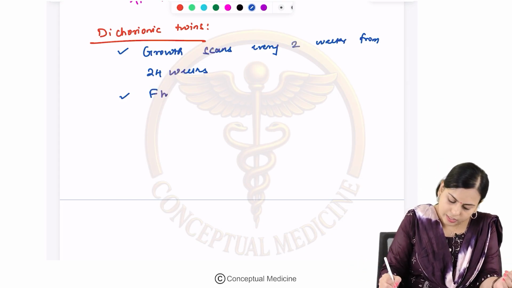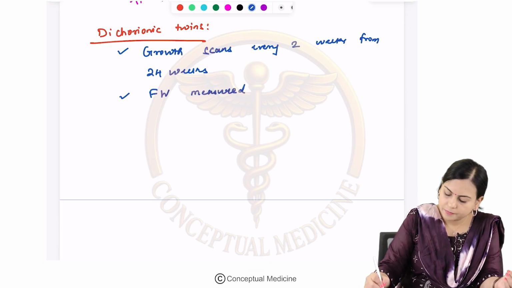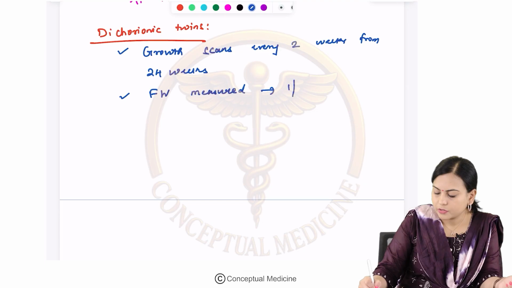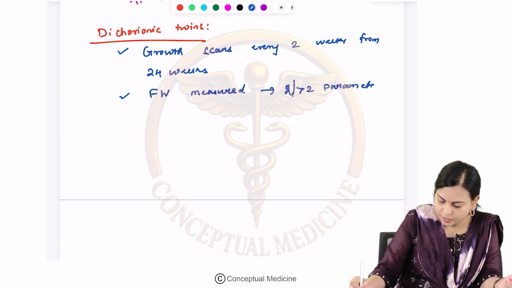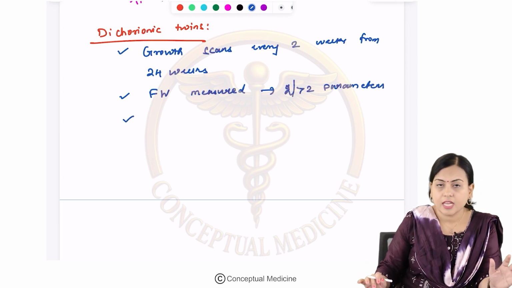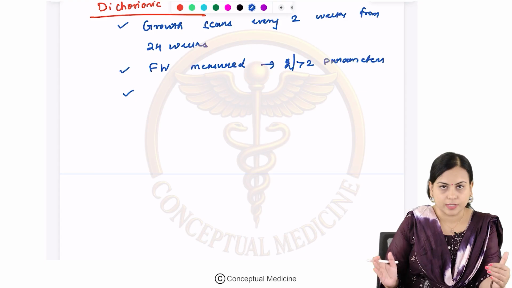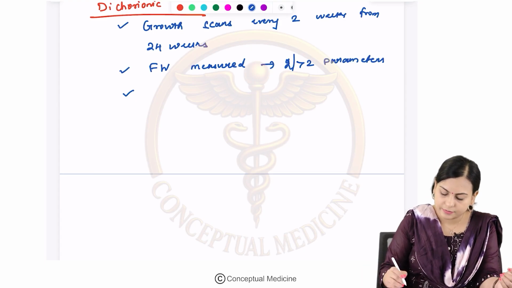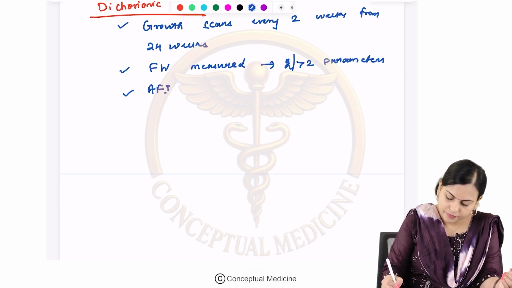You can use more than 2 parameters. Then AFI should be calculated individually for each fetus.